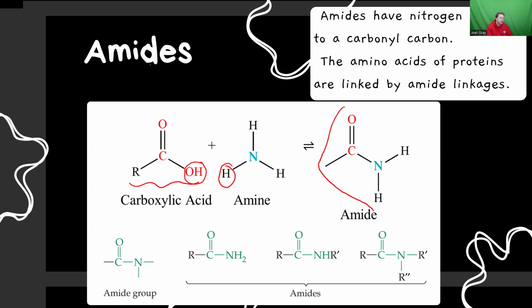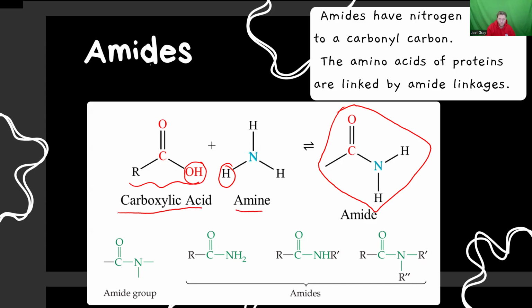Now, this right here is super important for the purposes of proteins. We're going to get into proteins in a little while, but what I want you to know is that an amide results from a carboxylic acid and an amine.